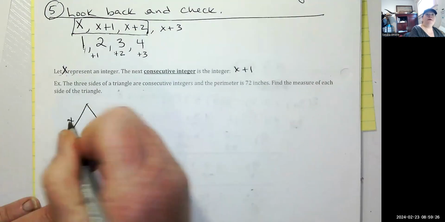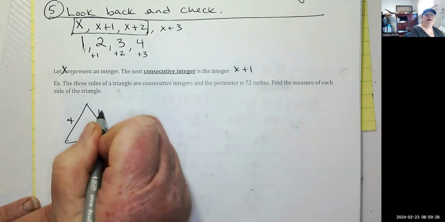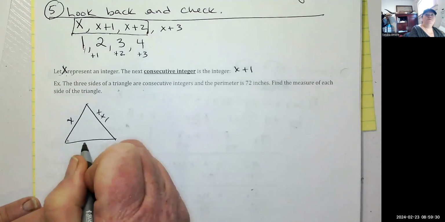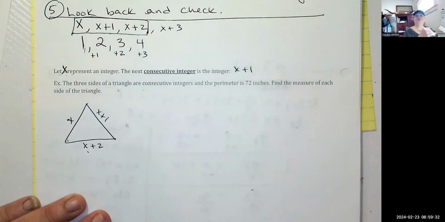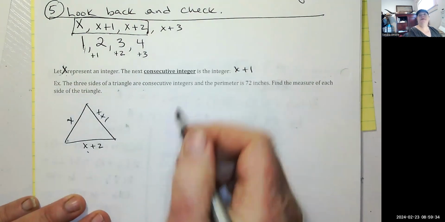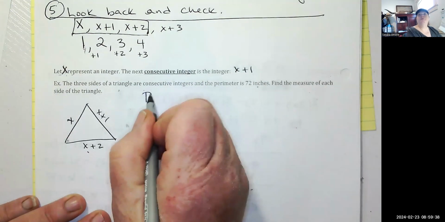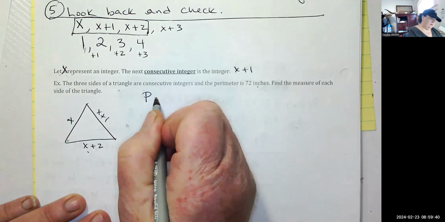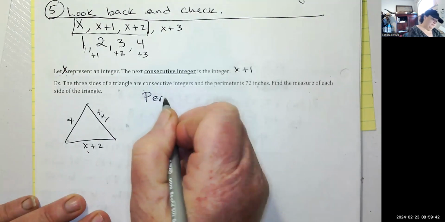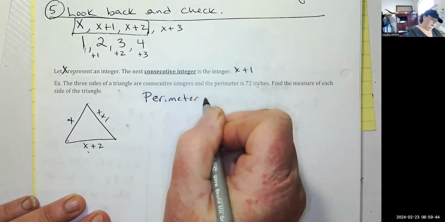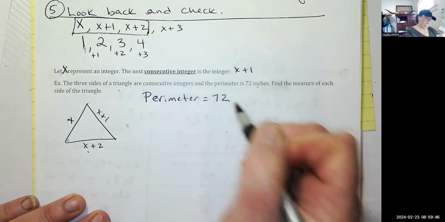If we let one be x, the next one would be x plus 1, and the next one x plus 2. Those are the three consecutive integers. And the perimeter is 72 inches.